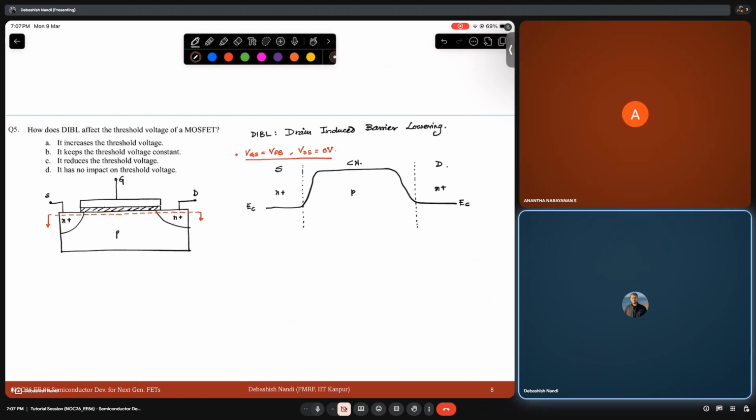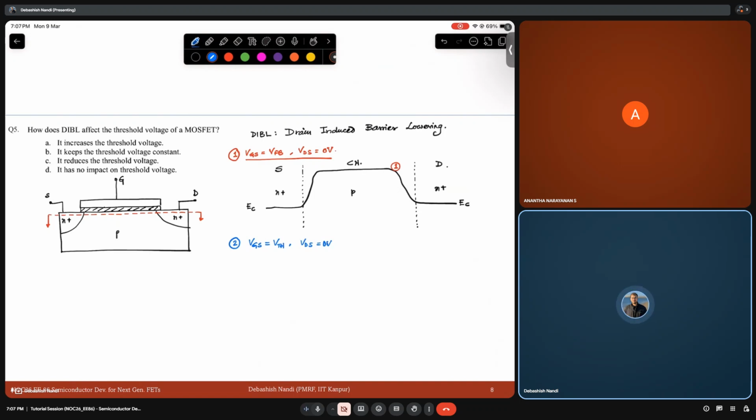Now, let's say this is my case 1. So this is plot 1. Now let's say case 2, VGS equal to VTH, VDS equal to 0 volt.